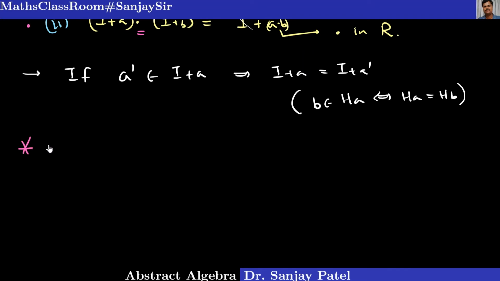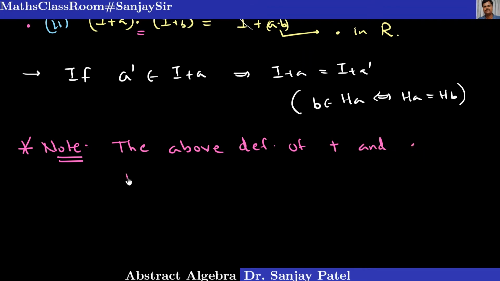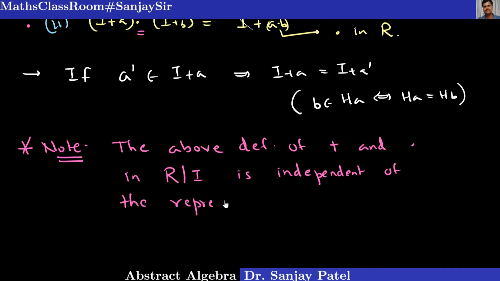Just a very important remark: the above definition of plus and dot in the set R mod I is independent of the representation of the coset. Hence the definition of addition and multiplication is valid.